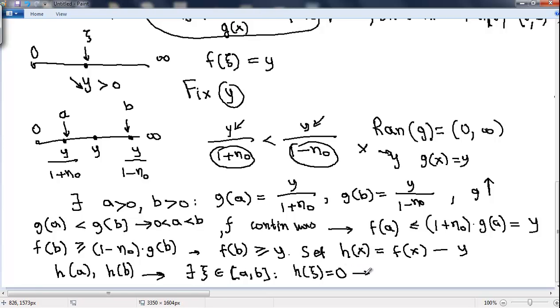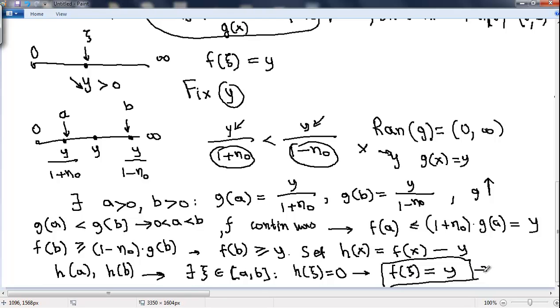But h of xi is f of xi minus y, so there is xi such that f of xi equals y. Remember, we took a random but fixed y, and we found that for each y there is xi in the domain of f such that f of xi equals y.